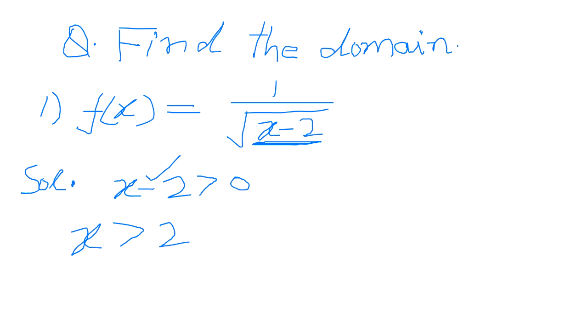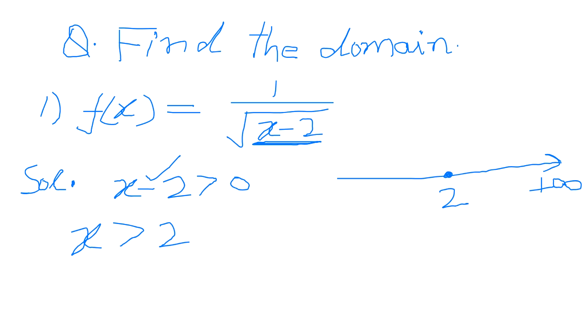So x greater than 2. What is the meaning? 2 is here, and x greater than 2 means this side, to the right, up to positive infinity.